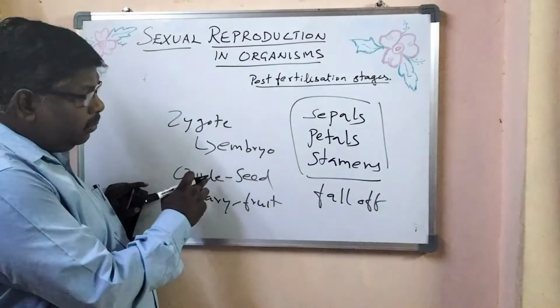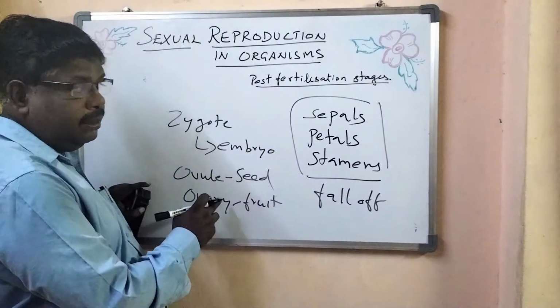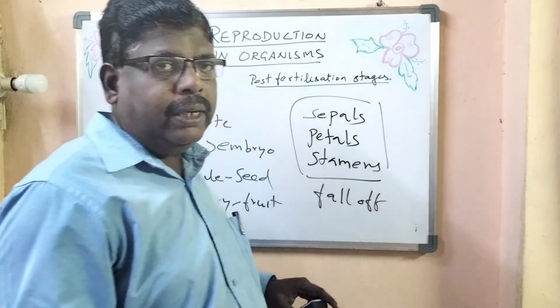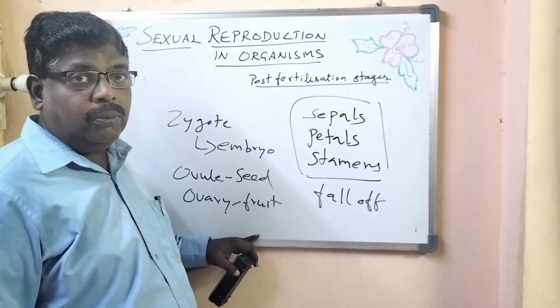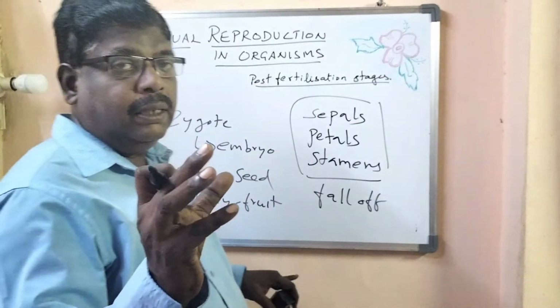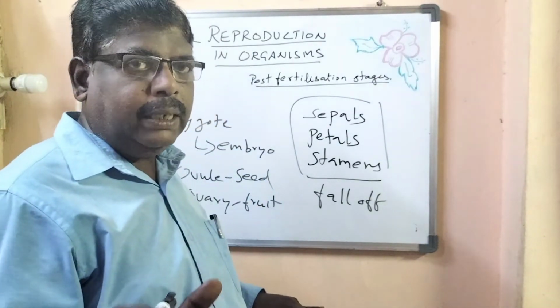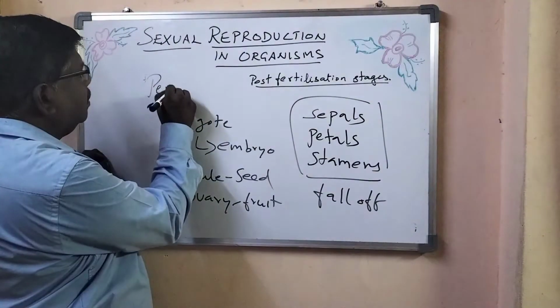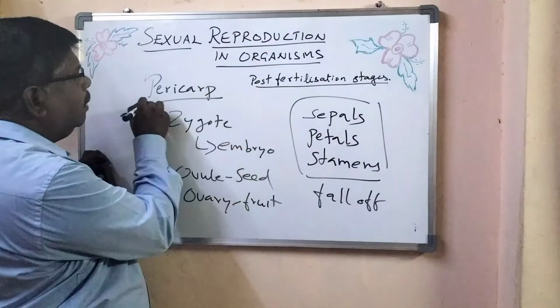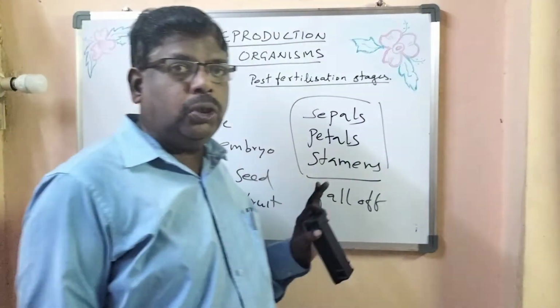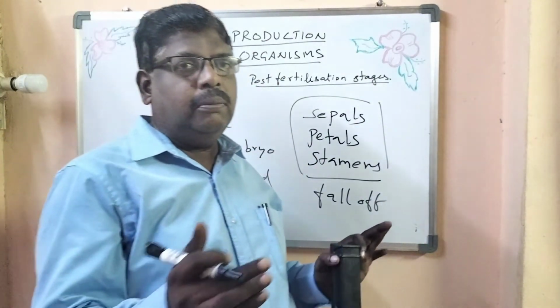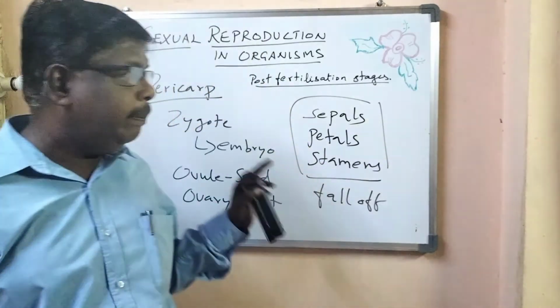You know very well that the ovule is inside the ovary. Moreover, the ovary will have a thick protective wall, and that is called pericarp. Pericarp is nothing but the fruit wall.